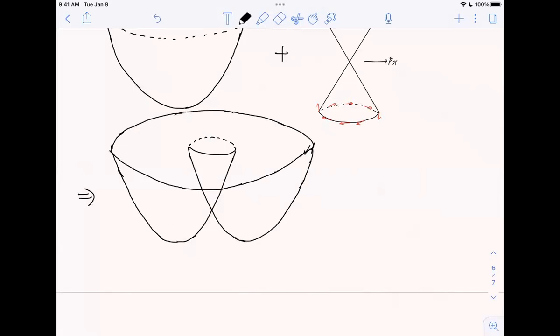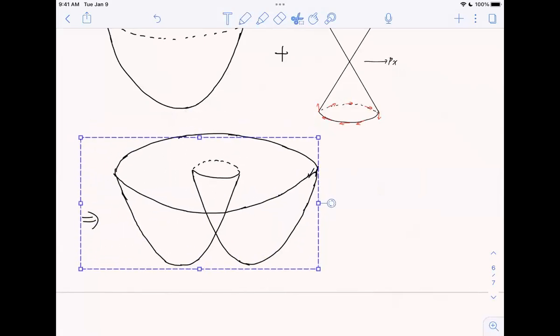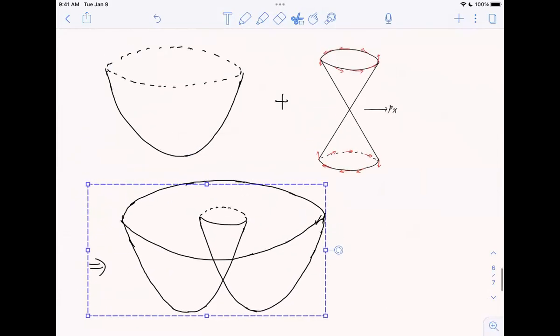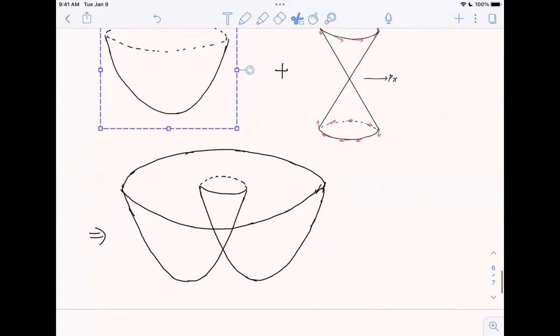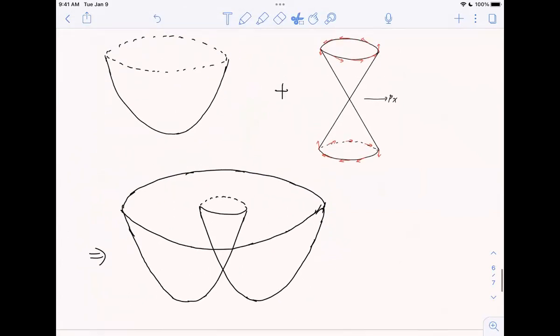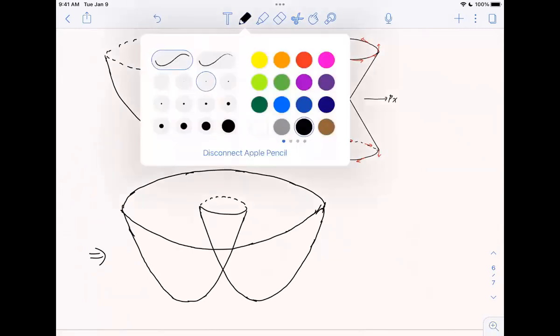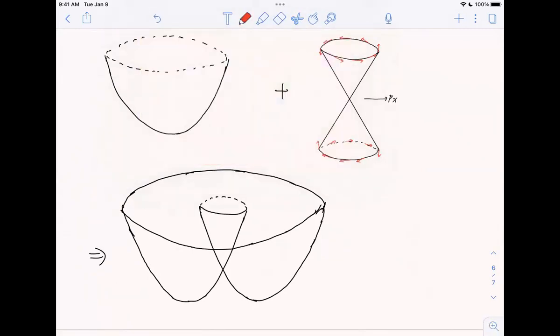I hope it's clear. You have something like this. Let me shrink this a little bit. Okay, then the spin will follow this spin. This one will be this. Okay, and then the outer part will be on the opposite direction.